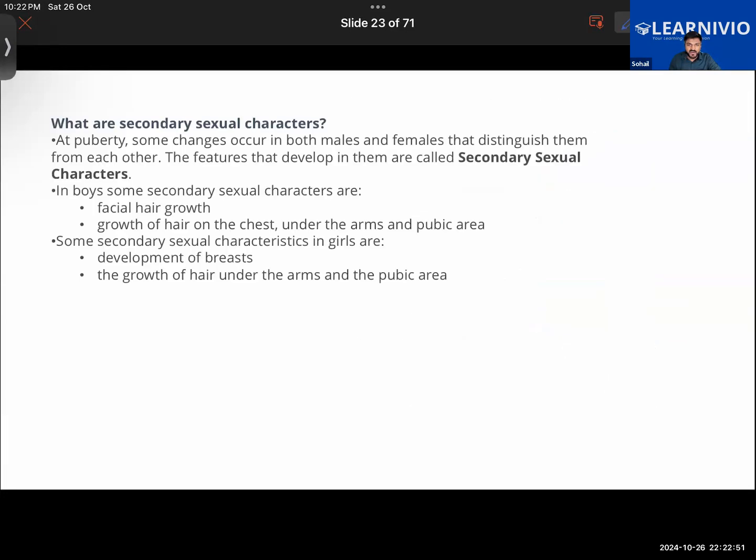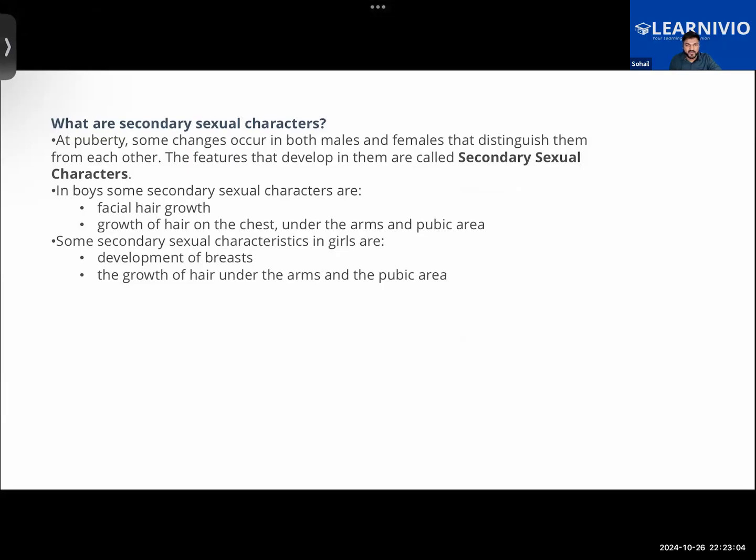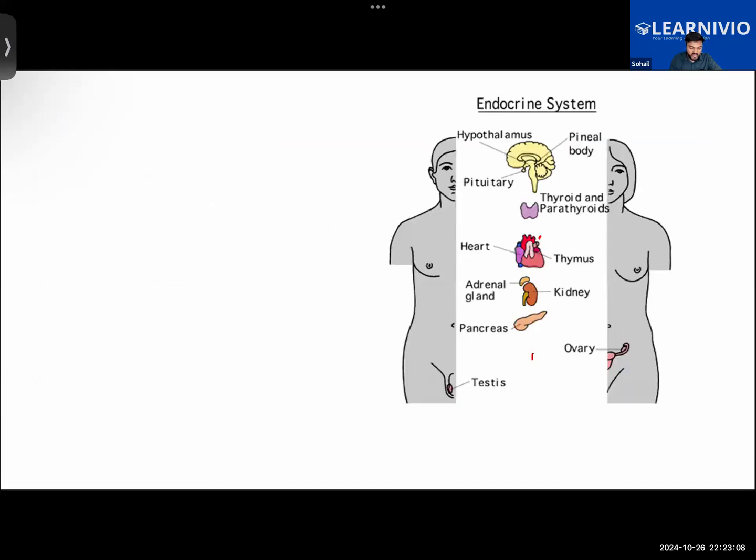Okay. Apart from that, all these were the changes which we have learned about so far, right? At the same time, while all these changes are taking place, there will be increased secretion of hormones in our body.